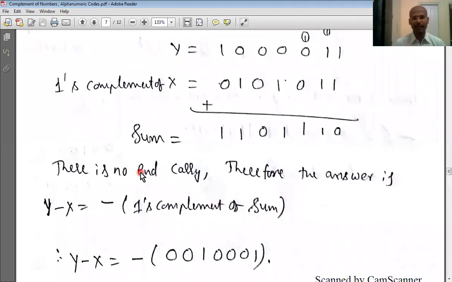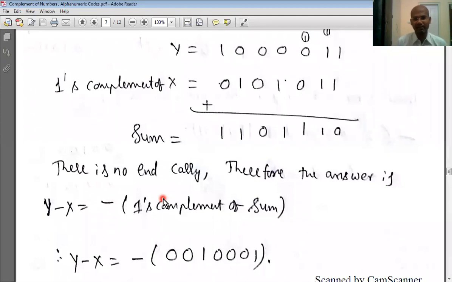If you are subtracting n from m, m minus n, write down m as it is, write down the tens complement of n, add the tens complement of n to m, and perform the addition.